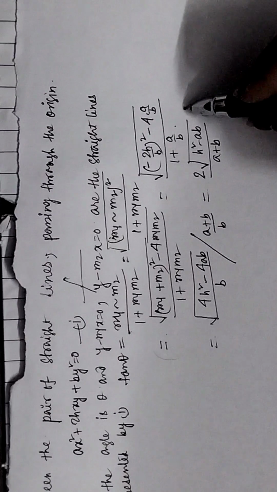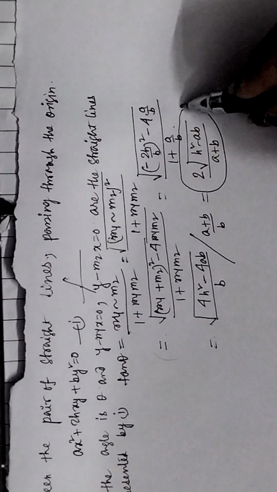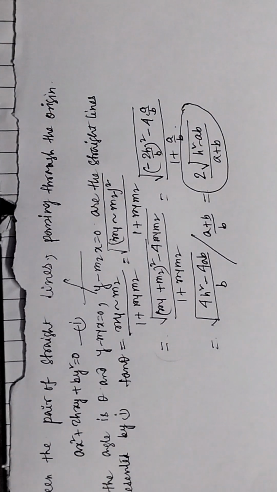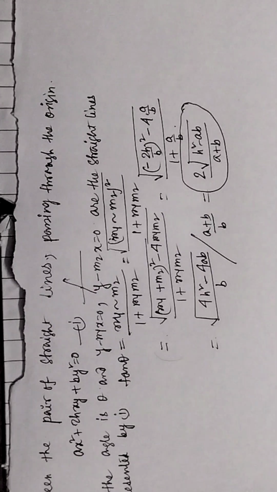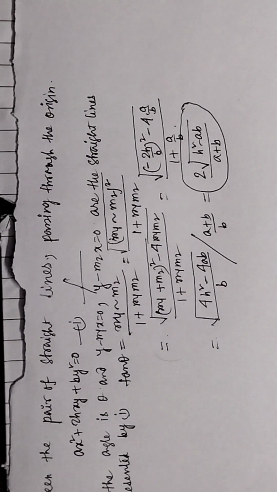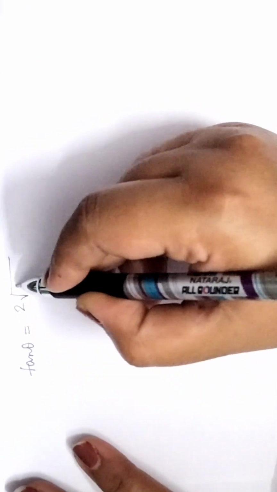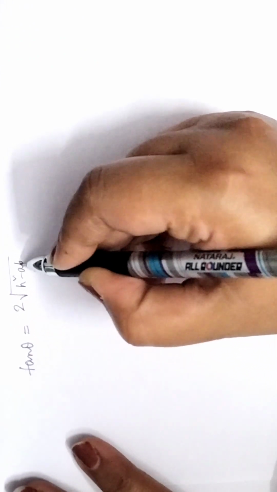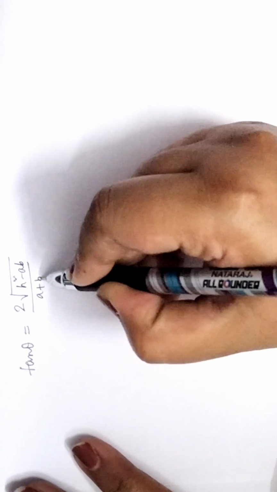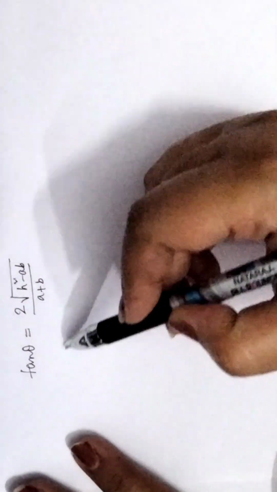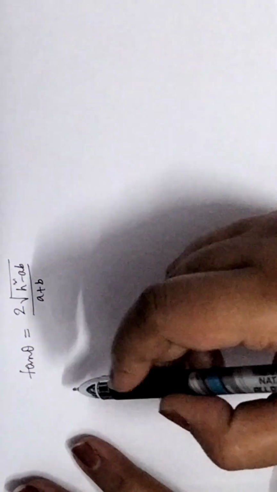So this is the formula of determining the angle between the pair of lines which are represented by this homogeneous equation. So here we have got that tan theta equals to 2 into root over h square minus ab by a plus b.